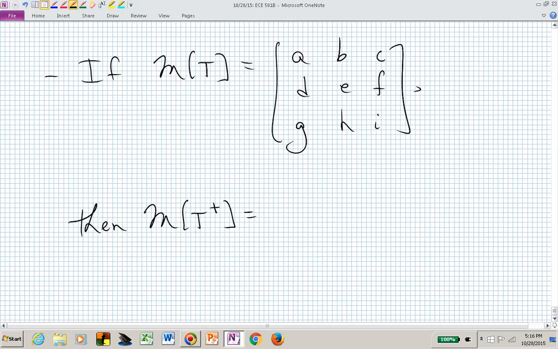Let's not say anything about, right now, it being self-adjoint. What would we do, or what would we end up with if we looked at the matrix representation of the adjoint of T? How would we find that?